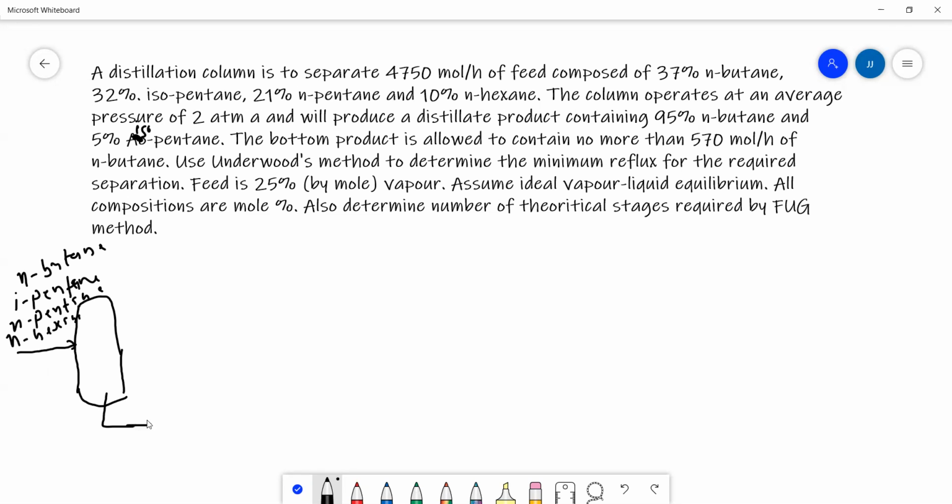Now we know it is mentioned in the problem that the distillate produces 95% n-butane.